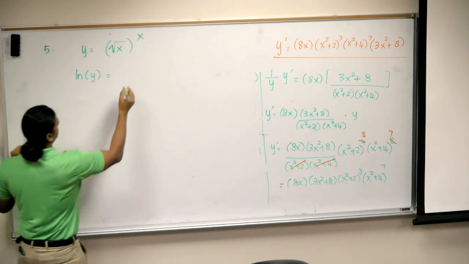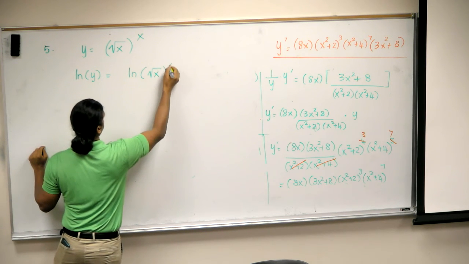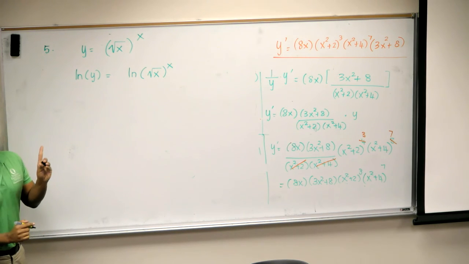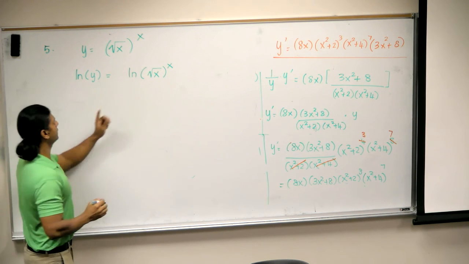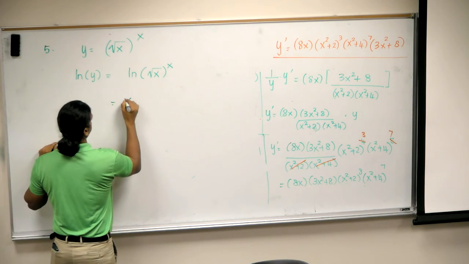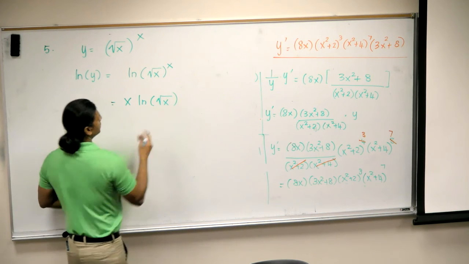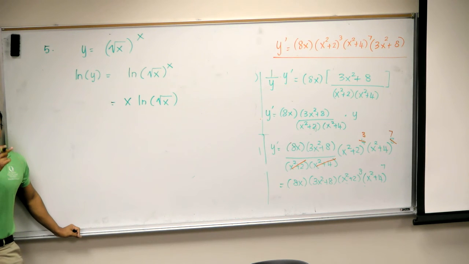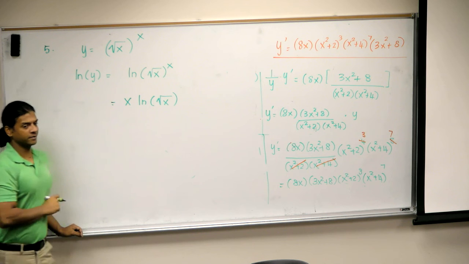When you do that, what would happen to the x? It moves in front of ln. Moves to the front. Should we proceed with finding the derivative right away, or is there something else that I can do before moving on?